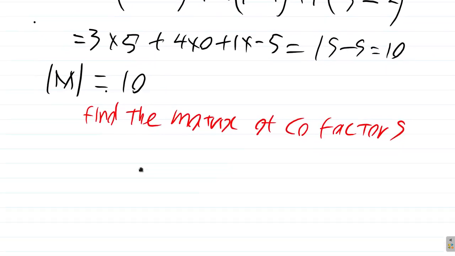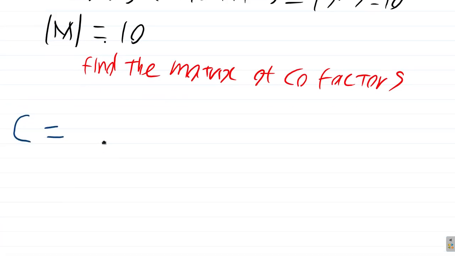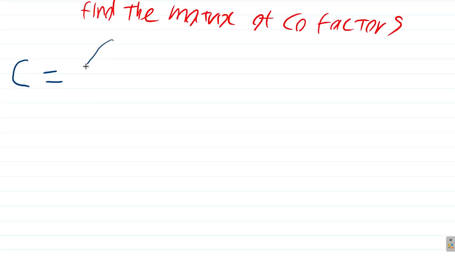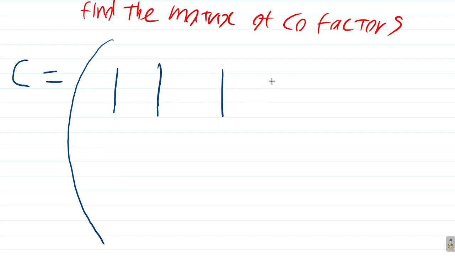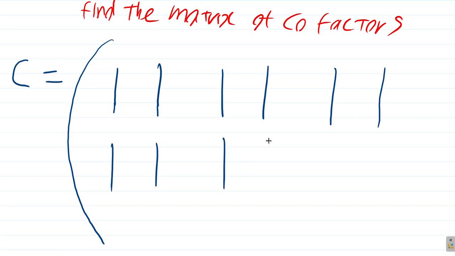So now, the matrix of cofactors, what could that be? Let me call it C. That matrix of cofactors would be, alright, let me do this first. It will be determinants, this determinant, this determinant, this determinant here, this one, this one, this one.